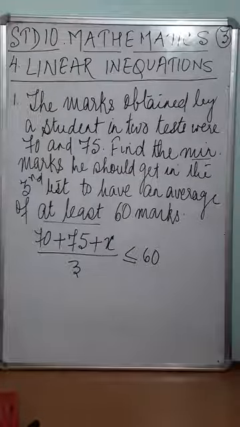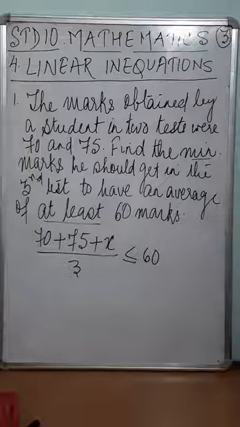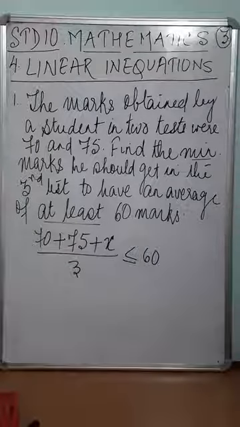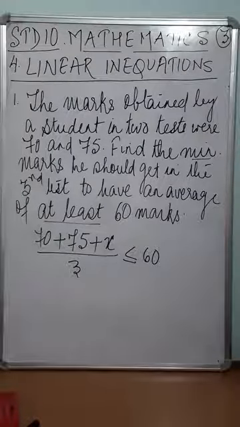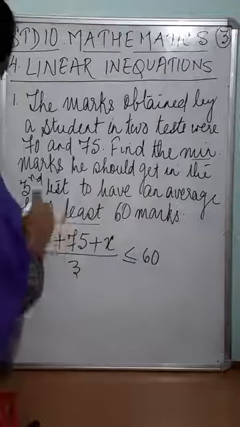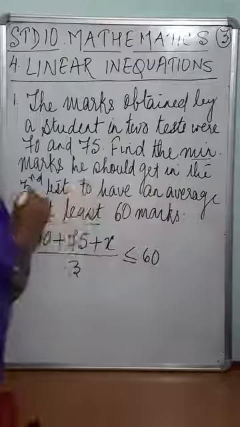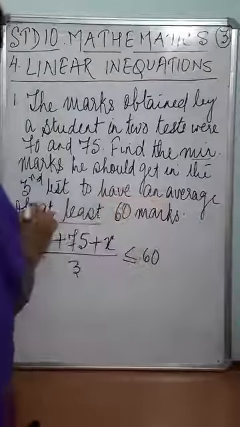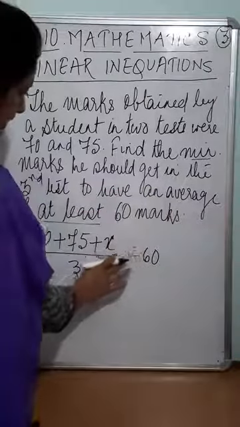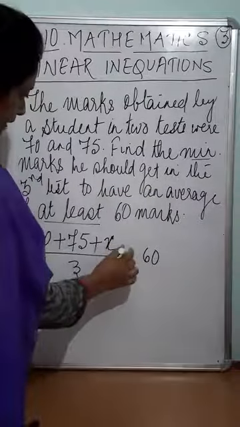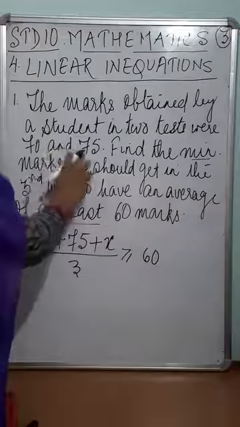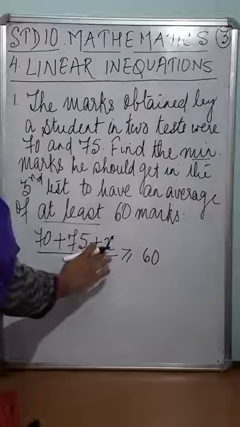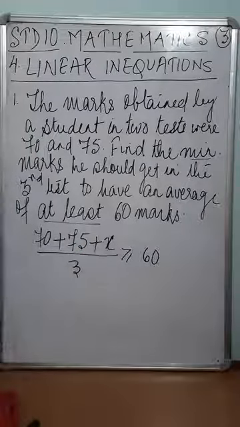So, the minimum marks which he should get in the third test to have an average of at least 60 marks. So this should be greater than or equal to 60: 70 plus 75 plus X for the third test, divided by 3.